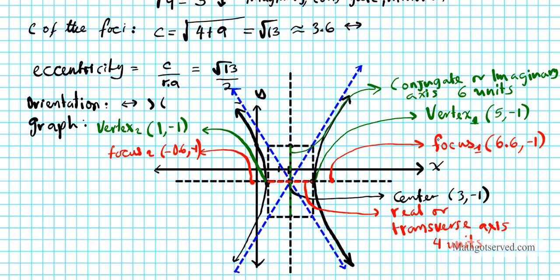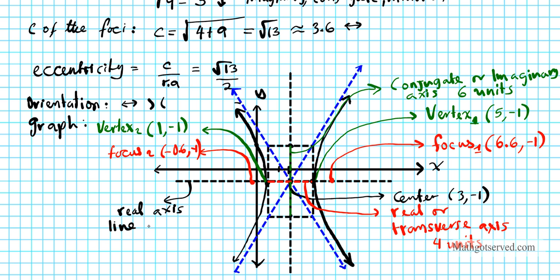All right, now let's write down the equation of our axis lines. So this horizontal line is your real axis line, a line that contains the real axis.